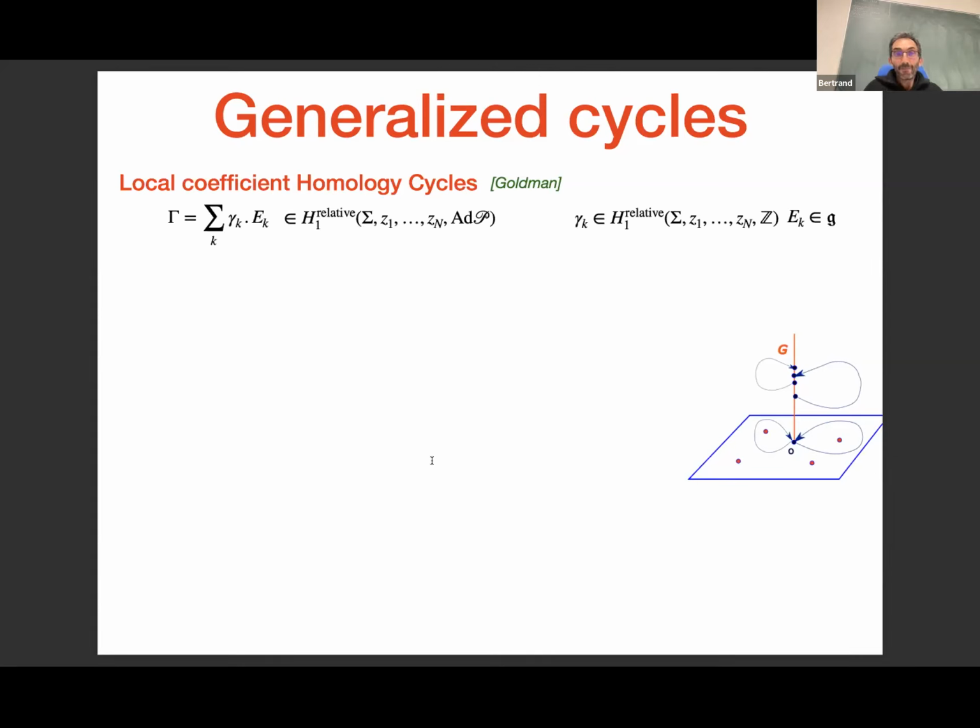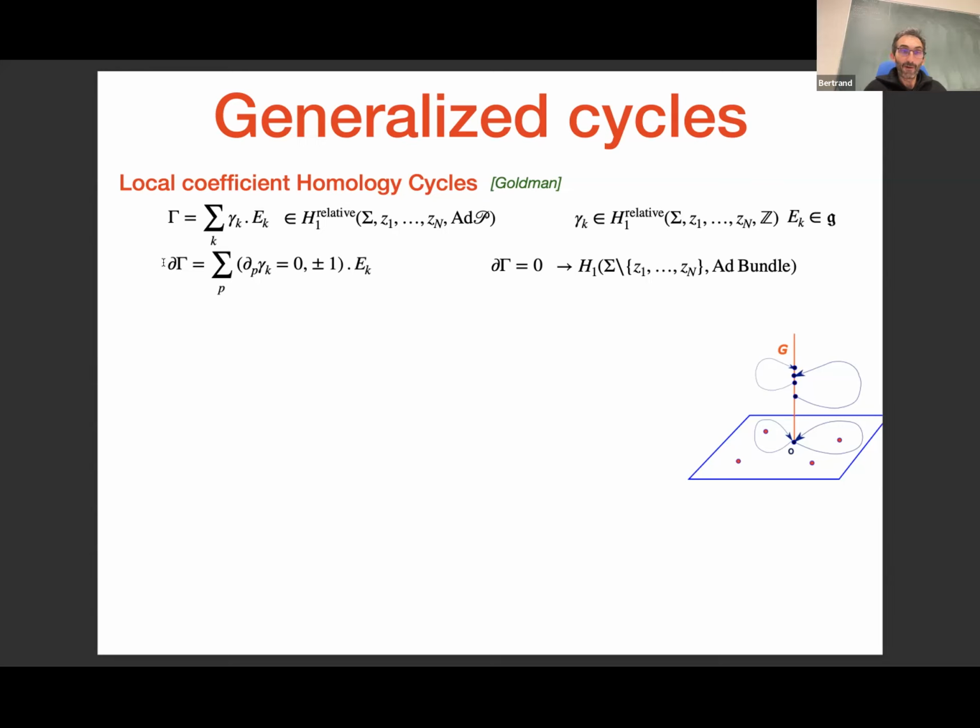So it's probably a little bit sketchy here, but let's consider the homology valued in the bundle, in the adjoint bundle, in the Lie algebra. The picture that you should have in mind is that the CW complex for this homology is made of Jordan arcs in the base, which you lift to flat sections in the adjoint bundle.